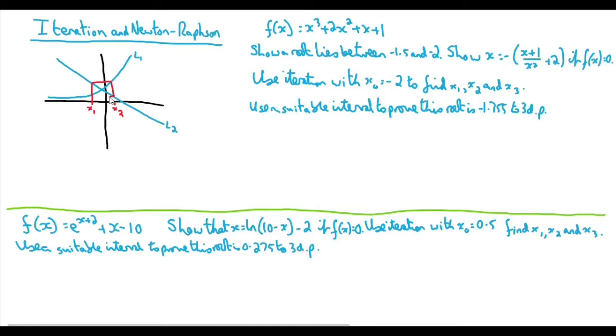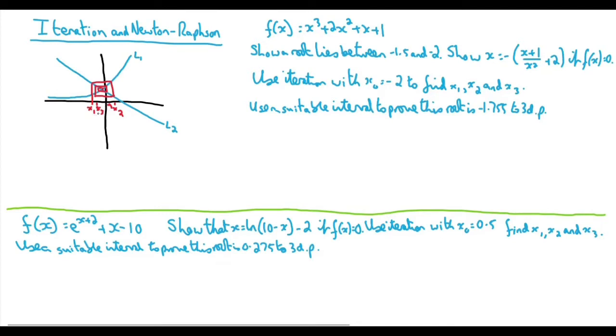From here we then go across again until we hit the curve about here-ish for x3. This would come up here and so forth here for x4, and you'll notice we are gradually spiraling inwards towards this center point here, which would be the point of intersection.